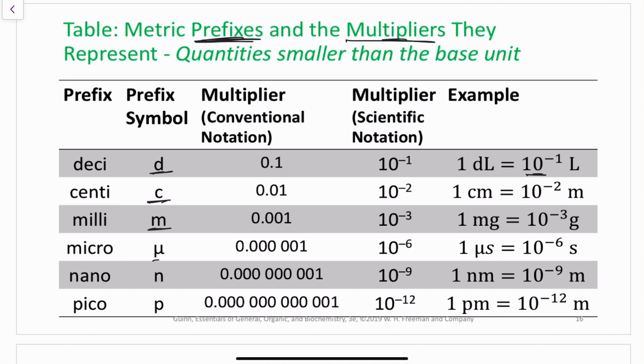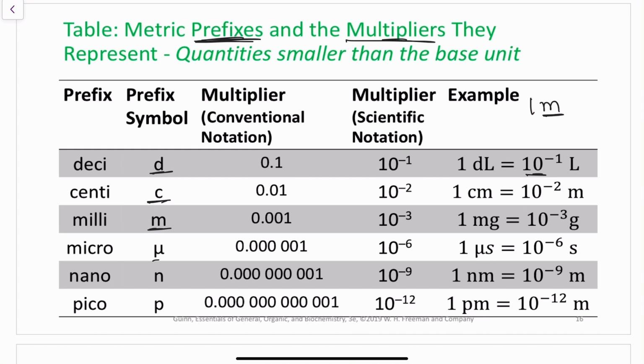So what does it mean? Let's say, for example, I have 1 meter. What is this m? m is the metric system base unit, right? Because the unit that we are measuring in is meter.